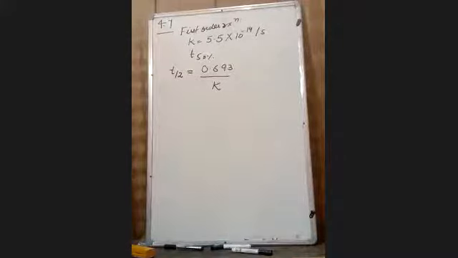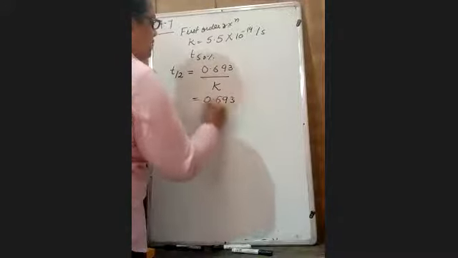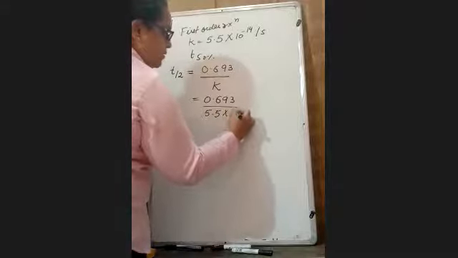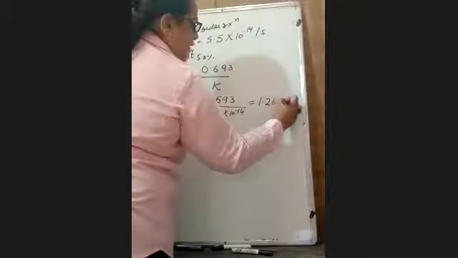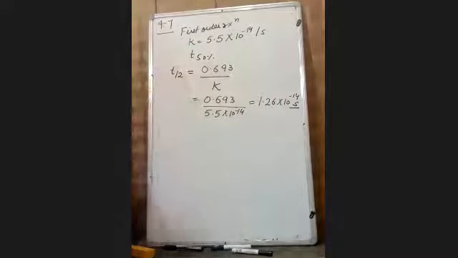Okay, only put the value of K here and calculate your answer. I will check who will send me the answer first. Solve it and send me the answer. Do not forget to write the unit. The answer is 1.26 into 10 raised to power minus 13.